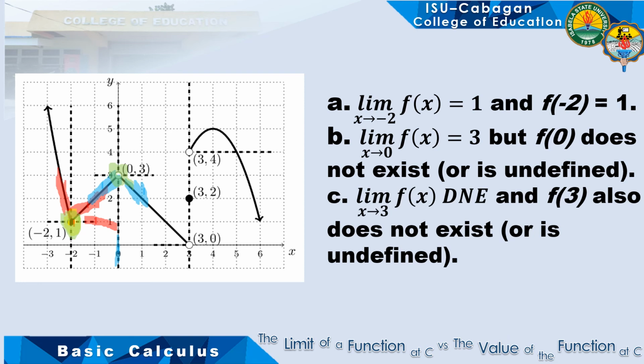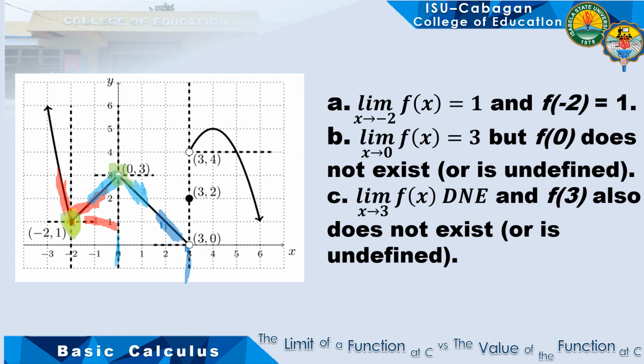Now, dito, the limit of f of x as x approaches 3 does not exist. So, hanapin natin si 3. So, nandito si 3. So, kung mapapansin nyo, from the left side, habang ina-approach ni f of x si 3, ang value ni y ay 0.